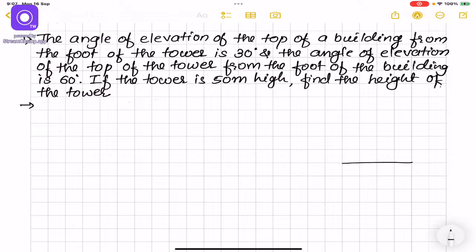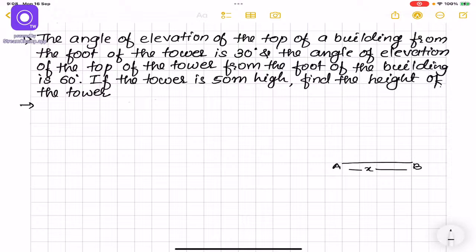Now, coming to the solution of that, before I go to the solution, I need to draw the diagram. So, to draw the diagram, I am taking one base which is x meter, and let this be A, this be B. Now he is saying that the angle of elevation of the top of a building from the foot of a tower is 30, and the angle of elevation of the top of tower from the foot of the building is 60.